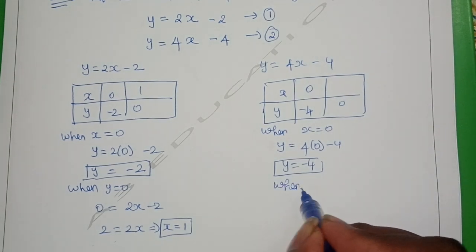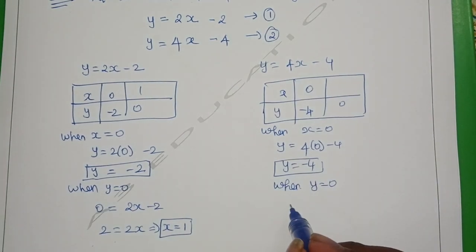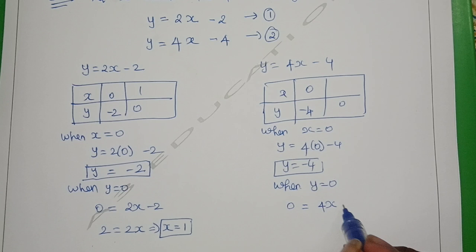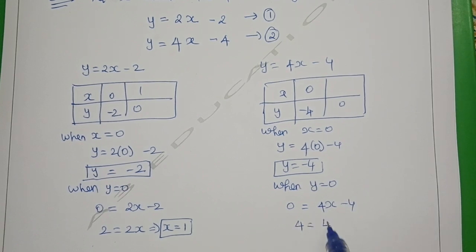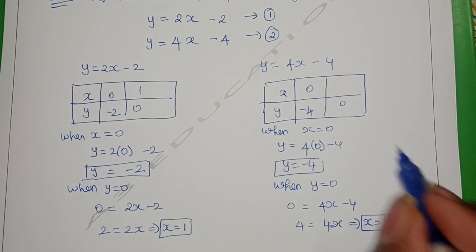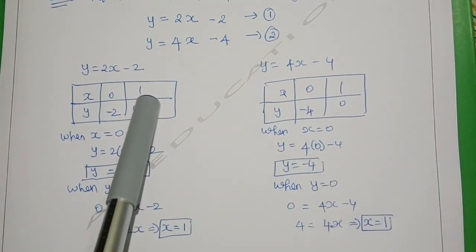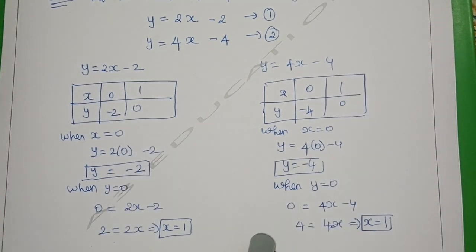When y is equal to 0, 0 is equal to 4x minus 4, therefore 4 is equal to 4x, and x is equal to 1. From the table itself we can find the answer: at the point 1 comma 0 the graphs will meet. Therefore the answer is 1 comma 0.